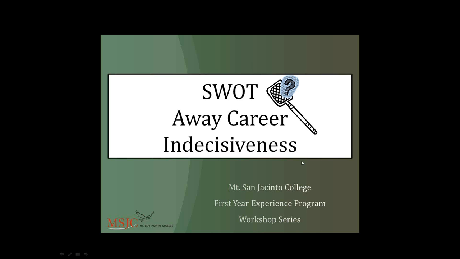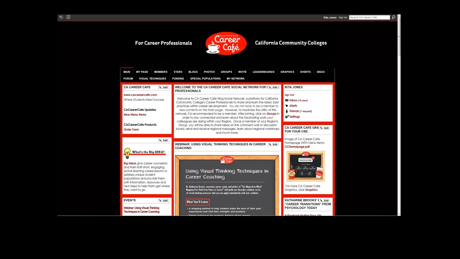It's a great PowerPoint on using SWOT to help undecided students, SWOT away career indecisiveness, and it was a really nice one, and thank you, Jen, for sharing that. On the NING, on the bottom right, there'll be a section where we're going to be housing those resources.